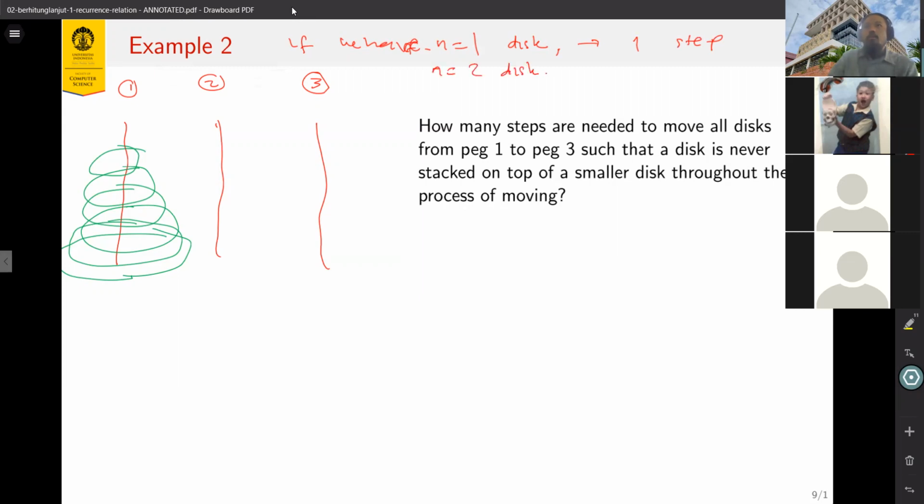3. Okay. How do we get 3, Rafael? We put the small one in the middle, then the bigger one on the third one, and then we move the smaller one to the third one. Okay, very good.